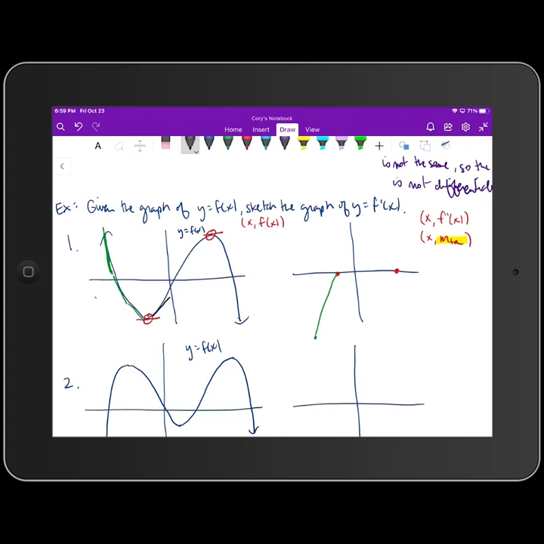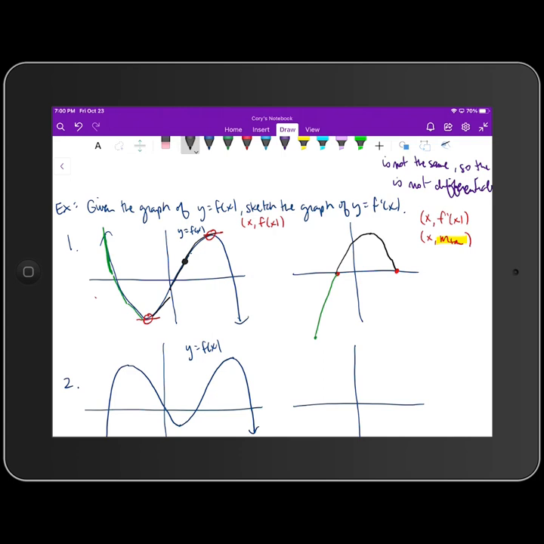But as I move to the right, the tangent lines get steeper and steeper, so the y values are positive and getting a little bit bigger until I get to this point right here. From that point, the slopes are still positive, but they start getting flatter and flatter, closer and closer to 0. So the y-coordinates on the derivative are positive, but getting closer and closer to 0.